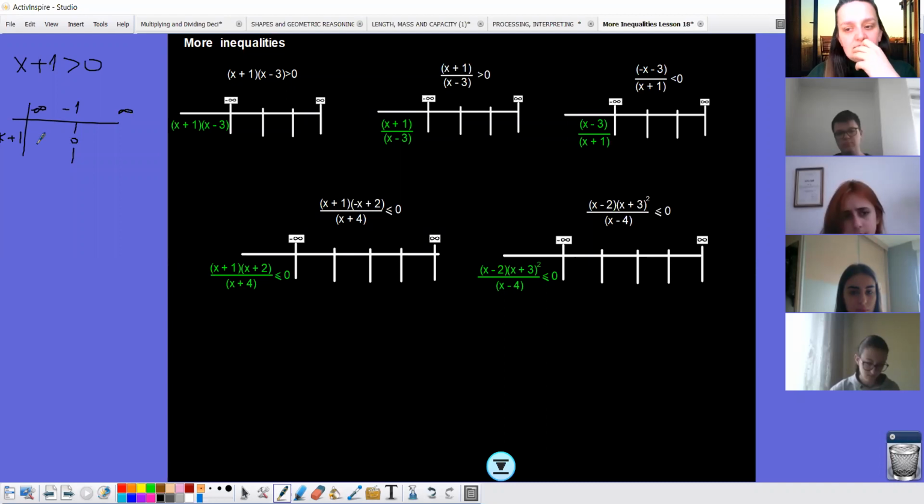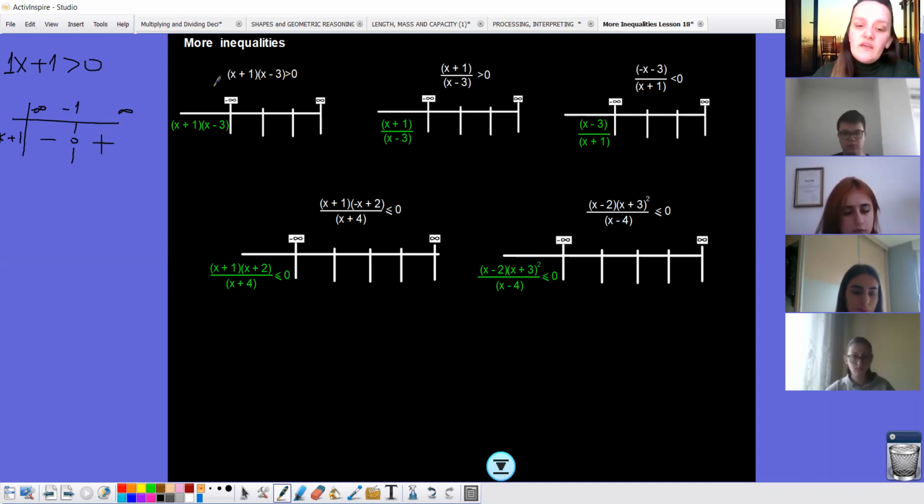What is A here? A is plus 1. You have only one root, so you don't have plus, minus. But because it is linear and A is positive here, we start with the opposite sign, negative. And then because I have a root here, it will change to positive.